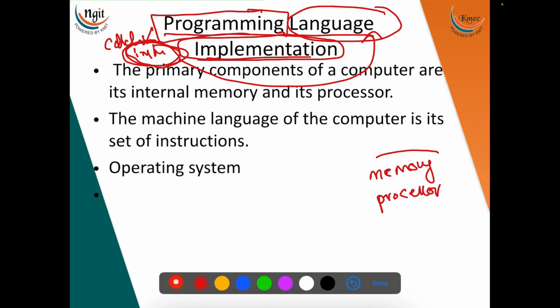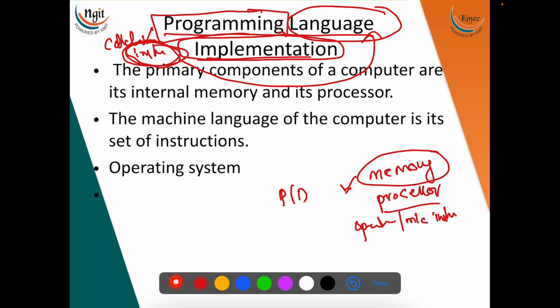Now, what do you mean by the memory? Memory is a storage device, or internal memory, used to store programs and data. And what is the processor? It's a collection of circuits that provides a set of primitive operations or machine instructions.